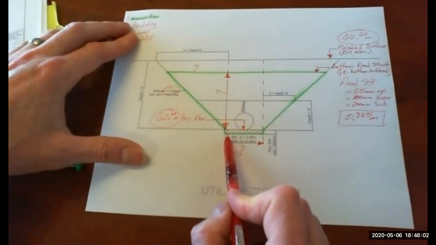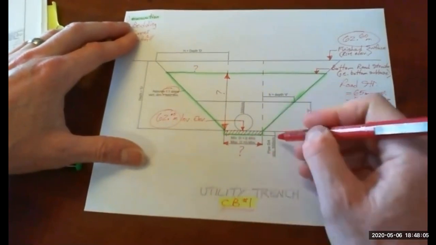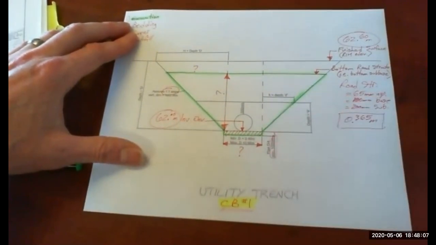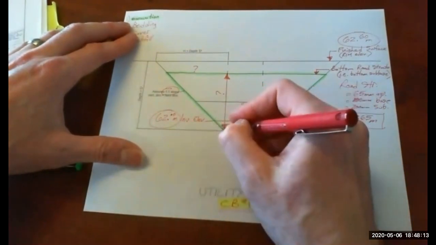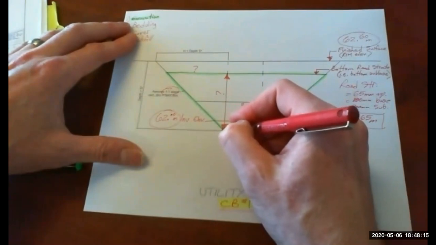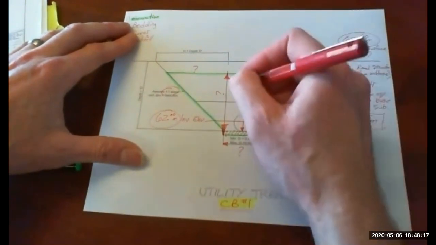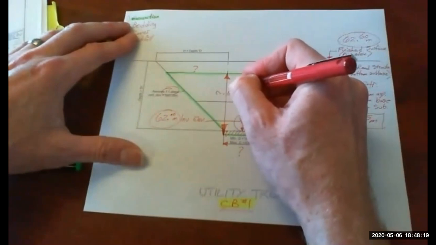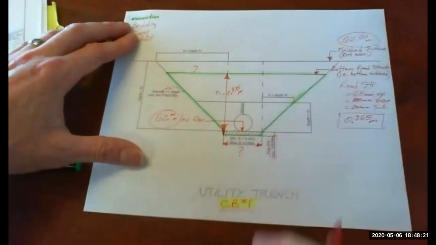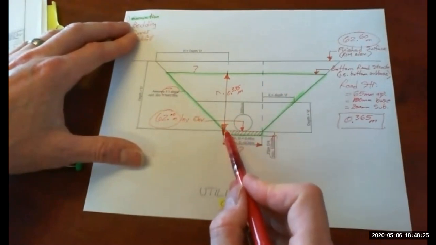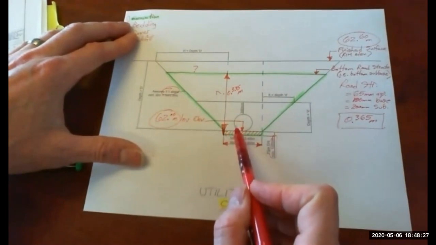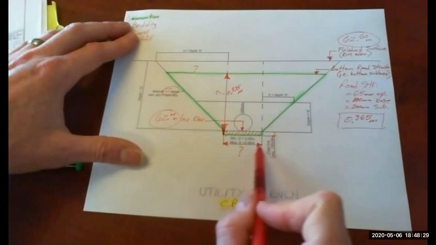Okay, but we want to go 100 deeper for the bedding layer, right? Remember, we need a minimum of 100 of bedding. So we want to add 0.1 to that. So we're actually going to go down to here, and we're going to call that 0.335 meters. So what's our width here?